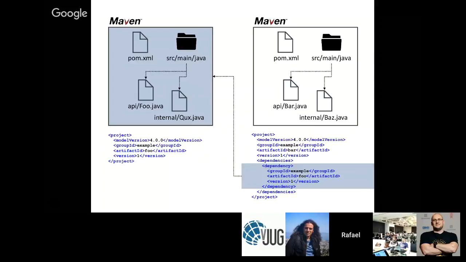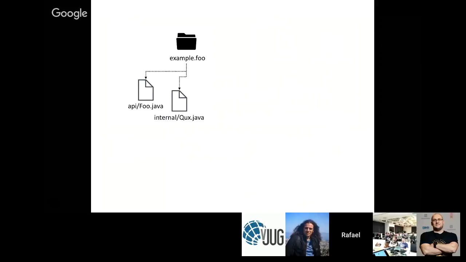And Java 9 modules, they don't work so differently from that. Java 9 modules are more or less the same. This time you also have a folder. It's called differently. It's called the way the module is called this time, which makes sense, of course. And it also includes classes. Your API Foo.java and your internal class Hooks.java, right?